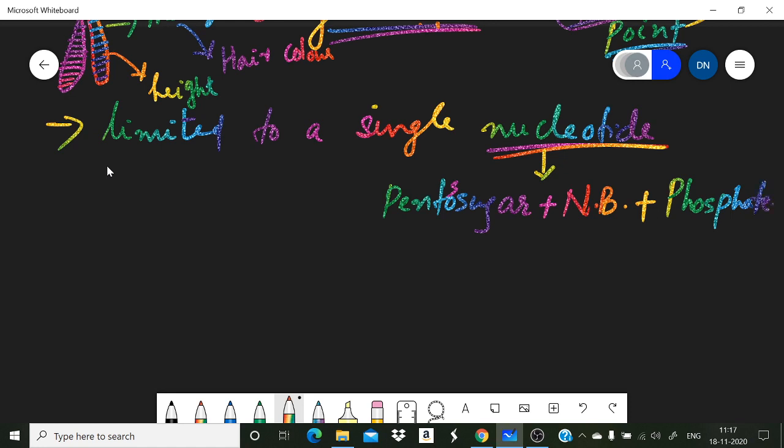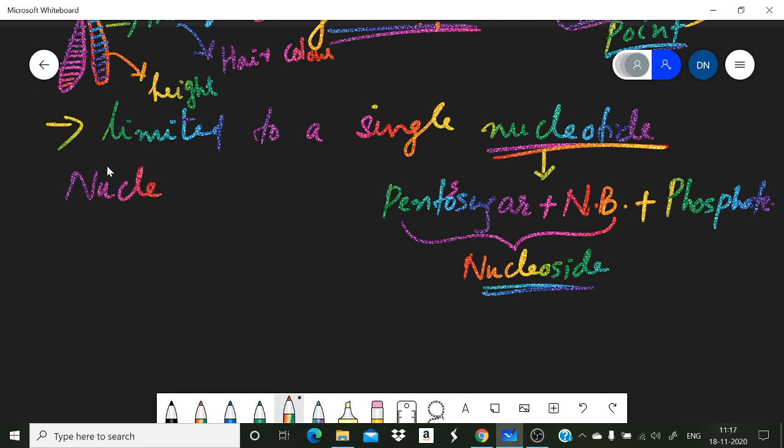The pentose sugar plus nitrogen base is a nucleoside, which you have studied in your plus one chapter on biomolecules, isn't it? When a phosphate group combines with a nucleoside, that forms a nucleotide, and many nucleotides join together to form a polynucleotide.